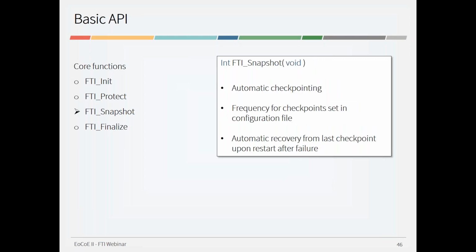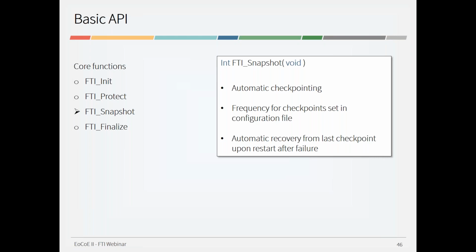FTI snapshot is some kind of automatic checkpointing. It's placed, for example, in the main loop, and you specify in the configuration file the interval of each of the checkpoint levels.